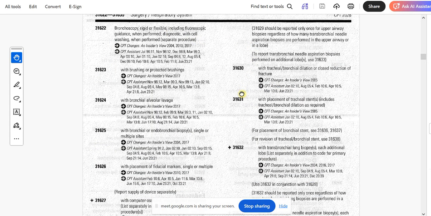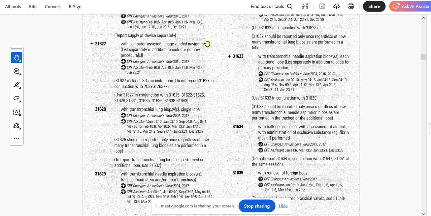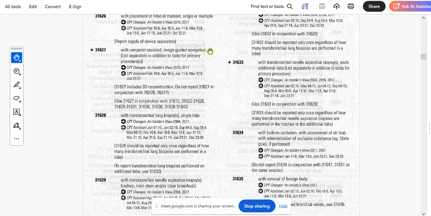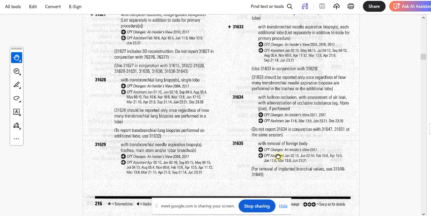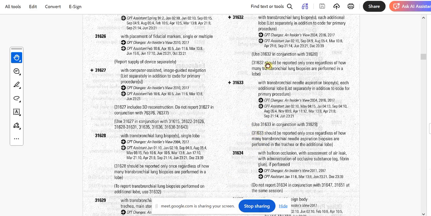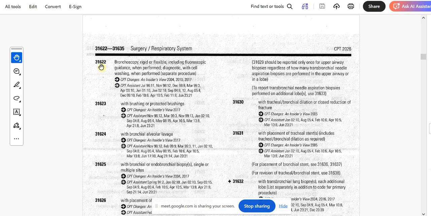If you see here, 31635 with removal of foreign body. These are all child codes. The primary code is 31622 from here.